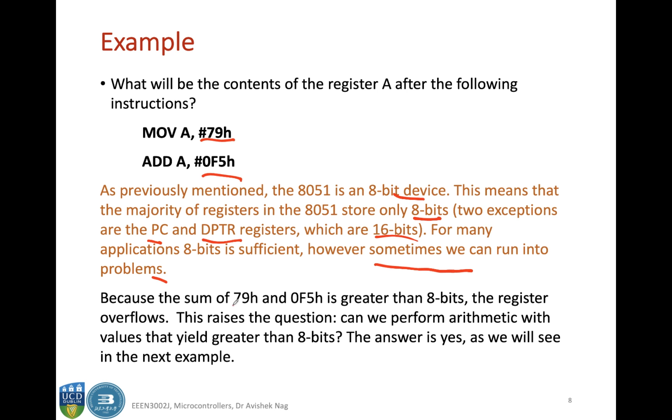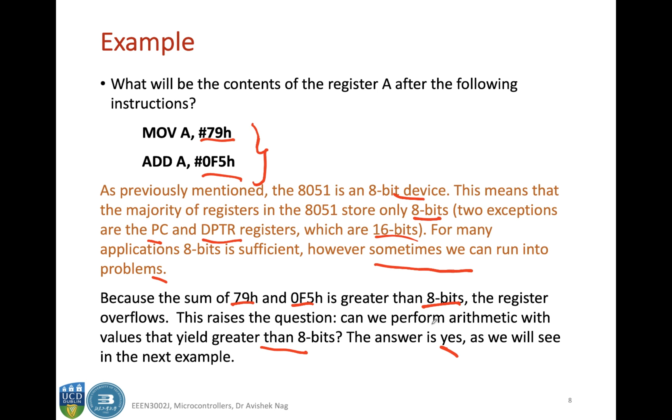For example, if you do this sum in this example, then you will see that the result is greater than 8 bits. In that case the accumulator overflows, and this raises the question: can we perform arithmetic with values that yield greater than 8 bits? The answer is yes, and we will see how that is done.